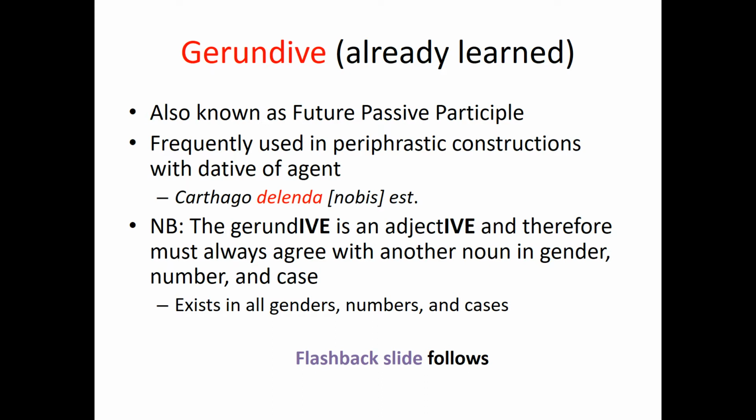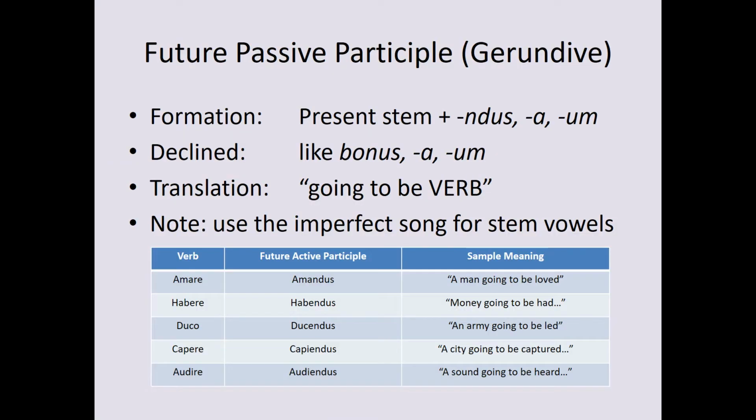And so we're going to see that as we look at our future examples. But if you just need a quick refresher on how the gerundive works, how it's formed, all of that, you can see it here. It's a very simple form, pretty easy to spot because of the undus ending. It's going to be how it gets used in more complicated ways that are not the periphrastic constructions. It's going to be a little bit more complicated.